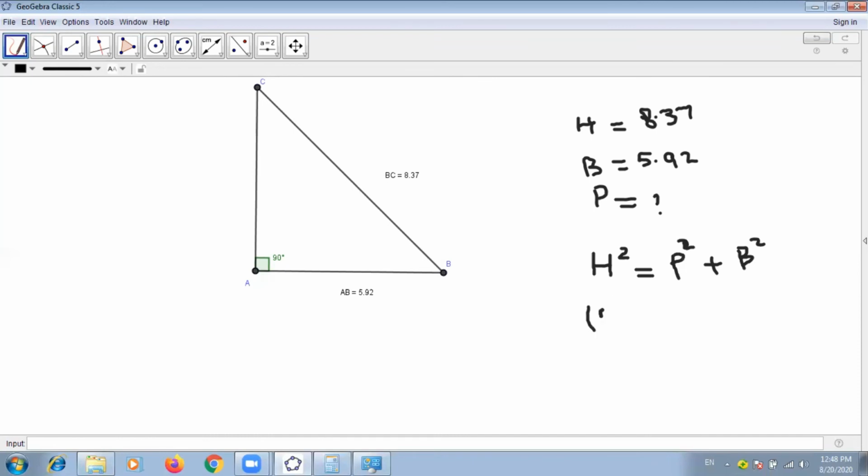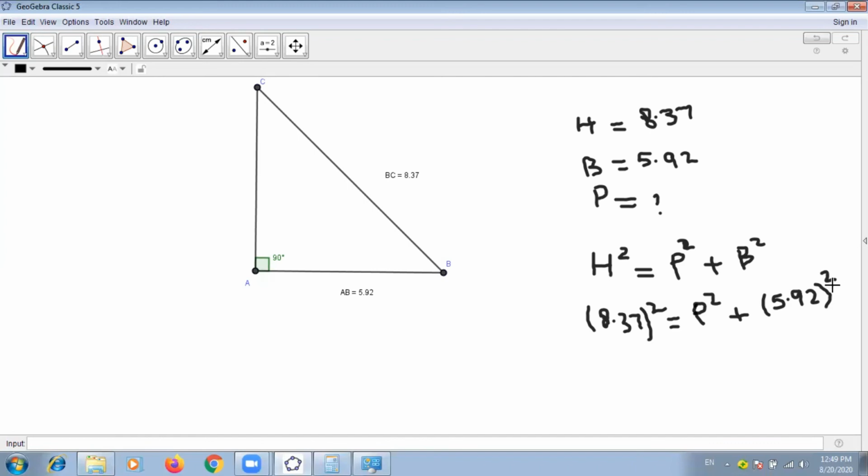So 8.37 square equals, in place of perpendicular, we have to find it, so I do not place any value here, plus in place of B, I place 5.92 square.